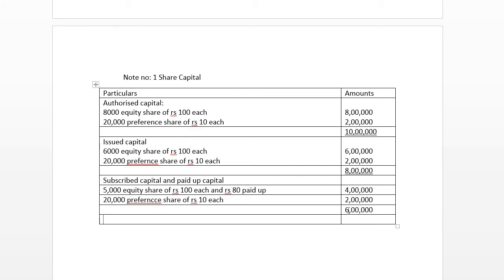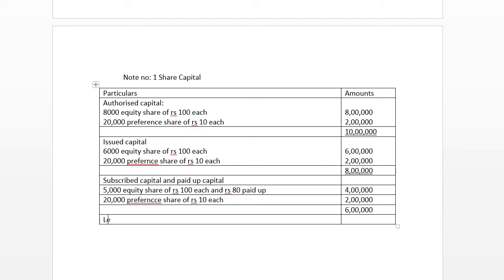Then later, once the shares have been subscribed, means once the shares have been taken by the shareholders, even after making the first call, second call, final call and all, some of the directors or some of the officers or some of the shareholders are unable to pay for that call.